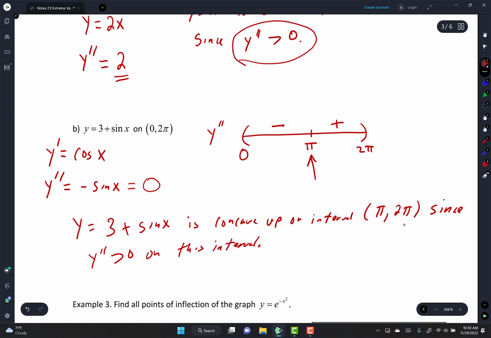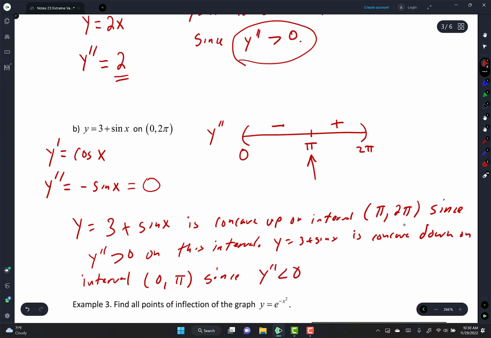And then I'm going to put a period, and I'm going to do the next statement. Y equals 3 plus sine x is concave down on interval 0 to pi, since y prime prime is negative on this interval. Sorry, I hope it doesn't bother you that my intervals are reversed. If they are, just change the statements, no big deal.